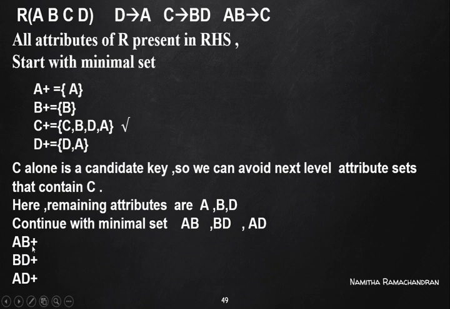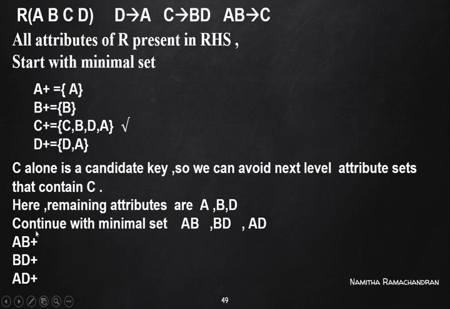AB, BD and AD. Since C alone is a candidate key, we can avoid next-level attribute sets that contain C. If we consider C in the next level attribute set, that set forms a super key only, never a candidate key. So the remaining attributes are A, B and D, and the possible attribute sets that contain two elements are AB, BD and AD.